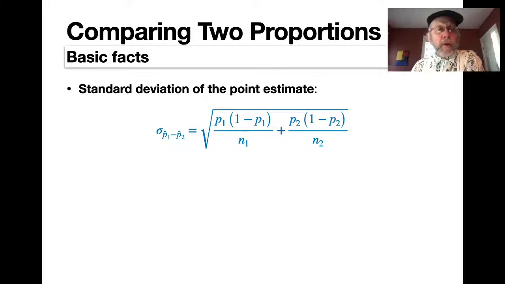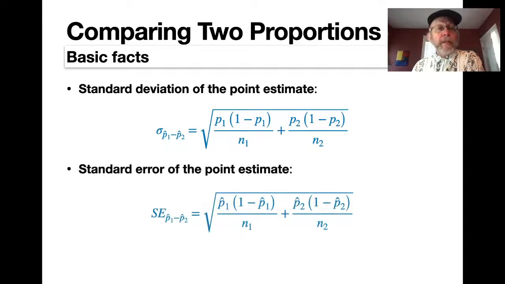And the standard error, as usual, is obtained by simply replacing the unknown population parameters, P1 and P2 in this case, by their associated sample statistics. So we estimate P1 by P1 hat, we estimate P2 by P2 hat, and making those substitutions gives us the standard error of our point estimate. So again, we think of the standard error as just our best estimate for the standard deviation of the point estimate.